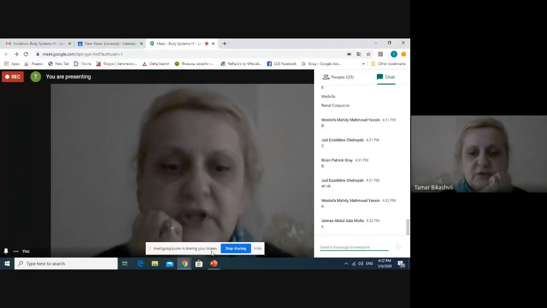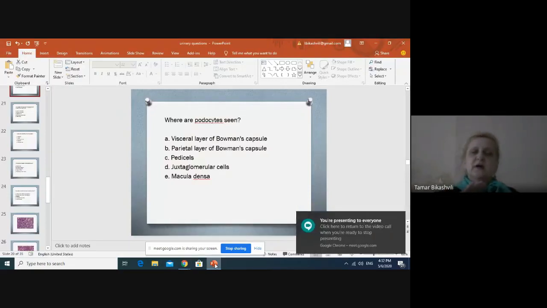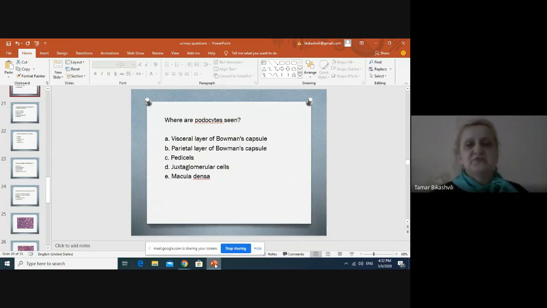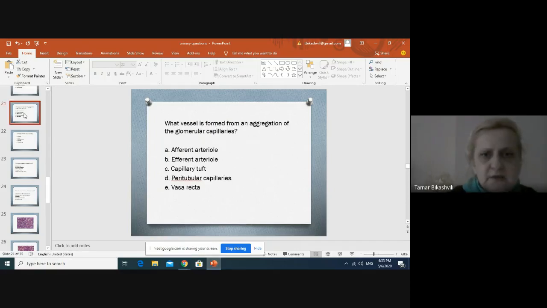A, yes, of course. Podocytes form the visceral layer of Bowman's capsule. Okay, the next. What vessel is formed from an aggregation of the glomerular capillaries? It's also very easy, the efferent arteriole.